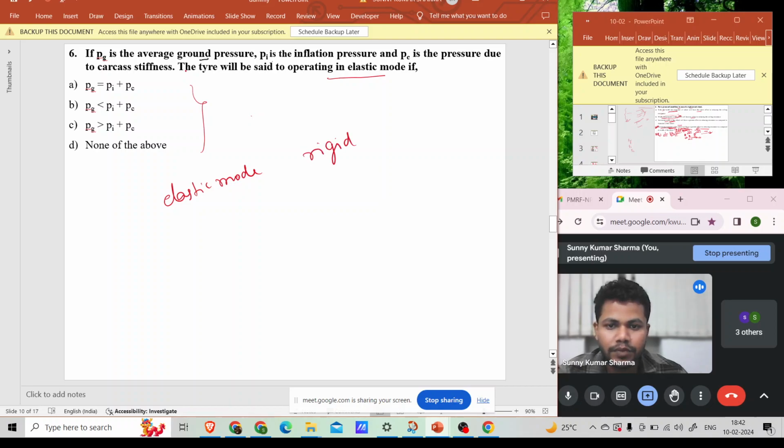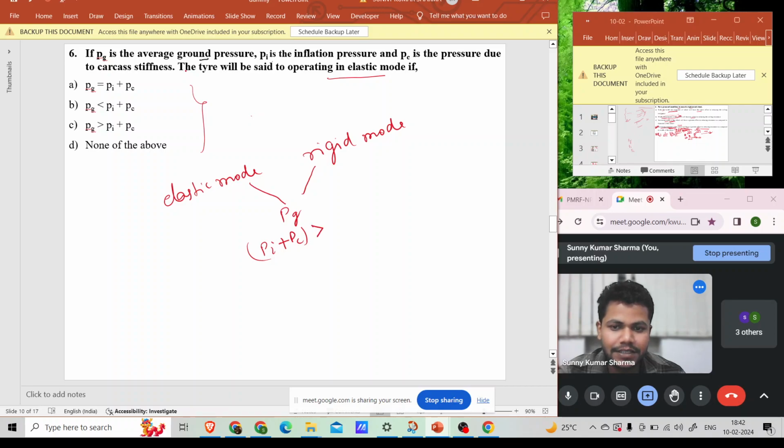There are two cases of operation: elastic mode and rigid mode. PG is the ground pressure. If the inflation pressure is PI and PC is the carcass pressure, then PI plus PC.